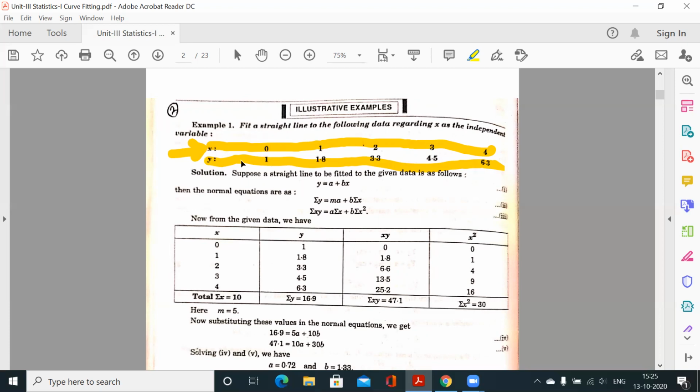If you observe, for 0 the functional value is 1, for 1 the functional value is 1.8, and for 2 the functional value is 3.3. So what is this y in terms of x? These are numerical values only. Whenever we substitute x equal to 0 in the function f(x), we are getting 1, and whenever we substitute 1, we are getting 1.8.